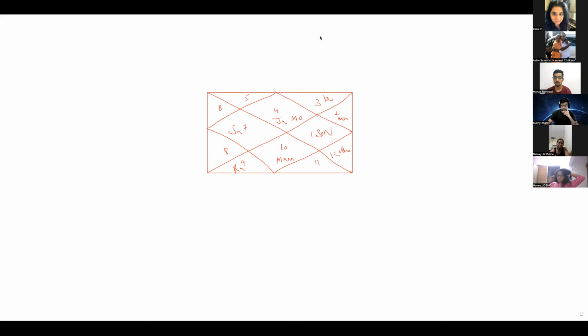You see, when I talk of Drishti, the Lagna Lord is Moon, sitting in the Lagna. Exactly opposite to it is Mars. Okay.